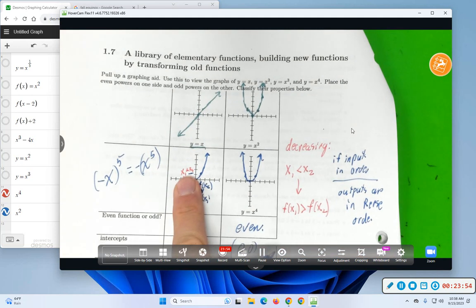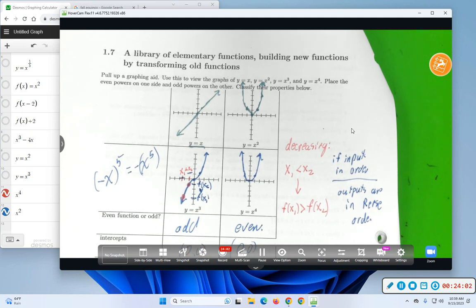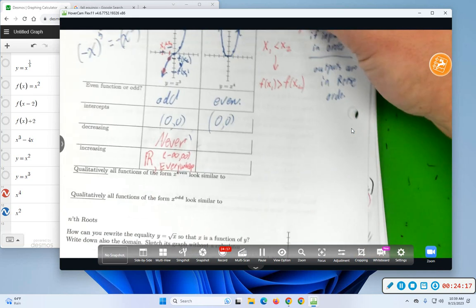So the inputs are in an order, x1 is smaller than x2. The outputs are in the exact same order. So those two inputs thought it was increasing. And what it means to be increasing is that that should happen for every pair of inputs. Neato. Same thing for the even power functions.